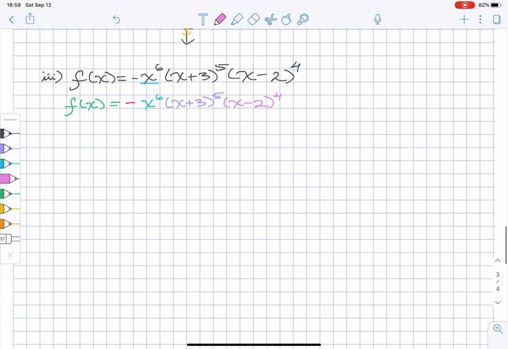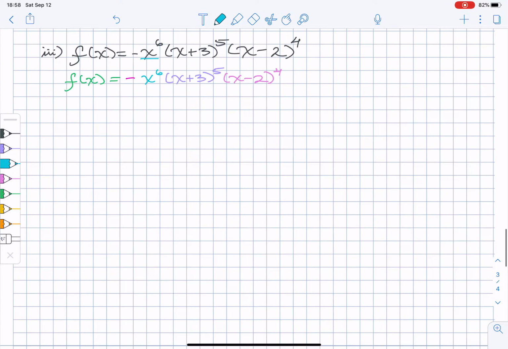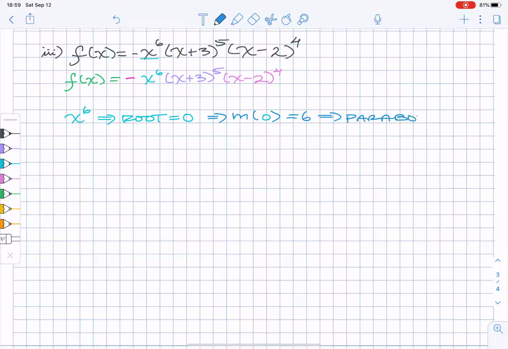I have x to the 6th as a factor, so this implies the root here is 0. The multiplicity on the root of 0, of course, is the power, which is 6. So that means that this is going to be S-shaped. Sorry, no, parabolic. What am I saying? Parabolic. What's an even number? That's an even number. Okay.